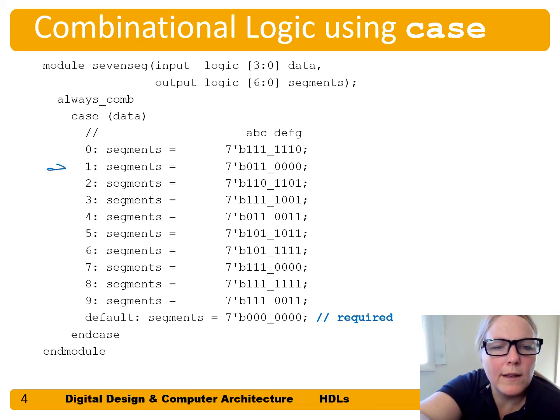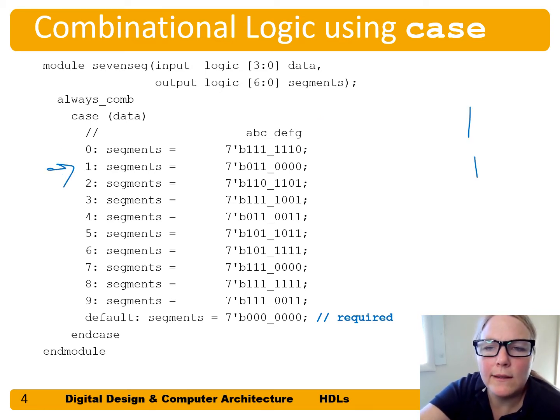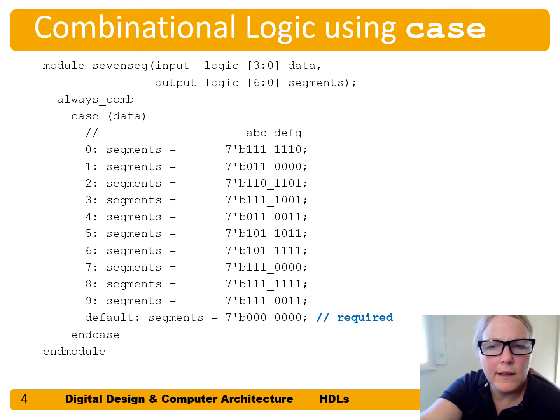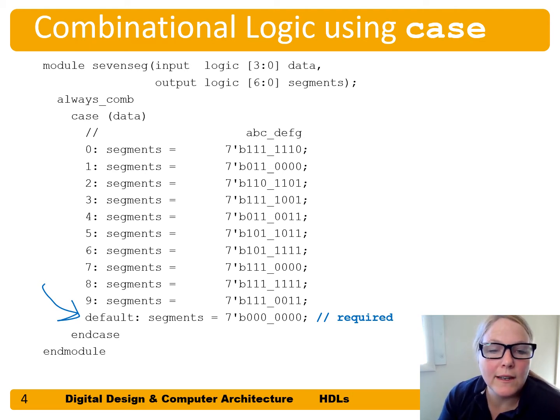Likewise, if you have a 1, well, we just want the B and C segments to be lit up. So here we have B and C being lit up, and so forth. And so this is a base 10 7-segment display decoder, so it displays 0 through 9. If it gets any other number, like 10 through 15, or in other words, A through F, then it just doesn't light up any of the segments.